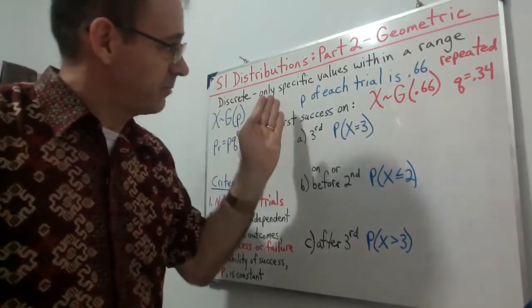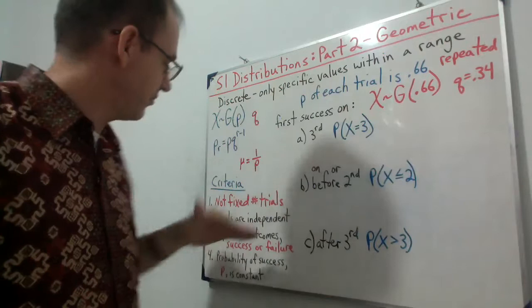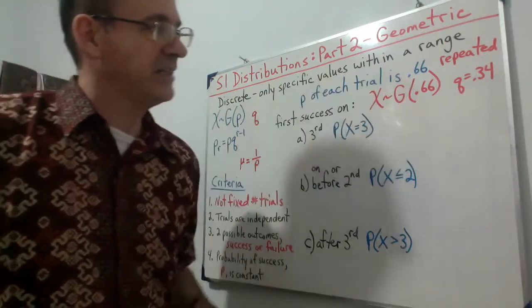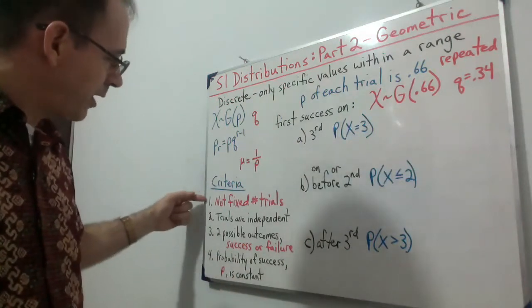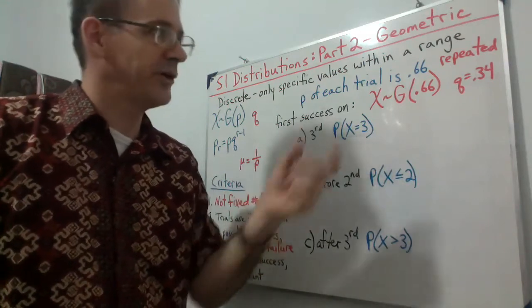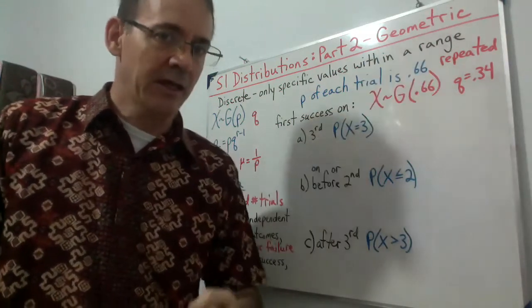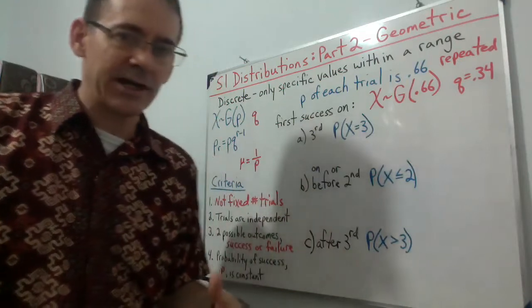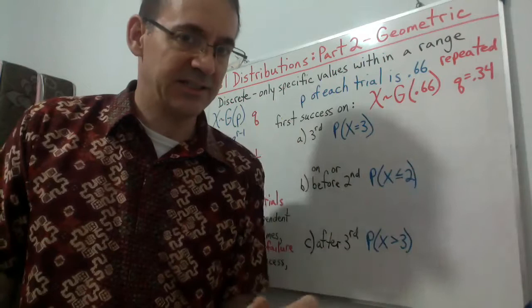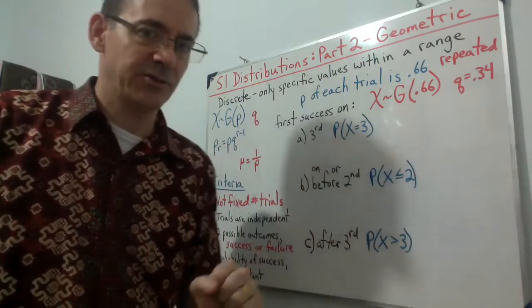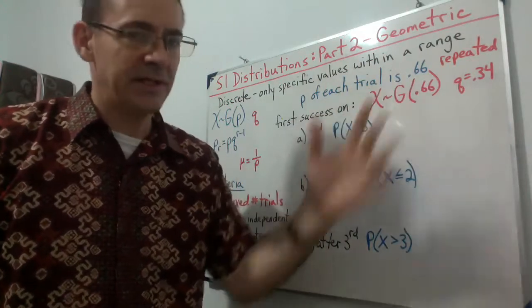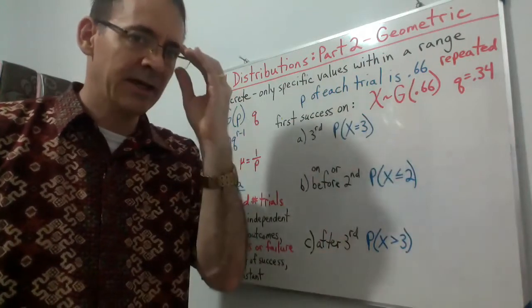And it says the probability of each trial, so this has to do with the probability being constant, is 0.66. The part of it not being a fixed number of trials is sometimes the key word is going to be repeated trials. So instead of a certain number of trials, you keep repeating the trial until you get a success. That's the concept that you're looking for. And the key word, at least in the textbook, is repeated.